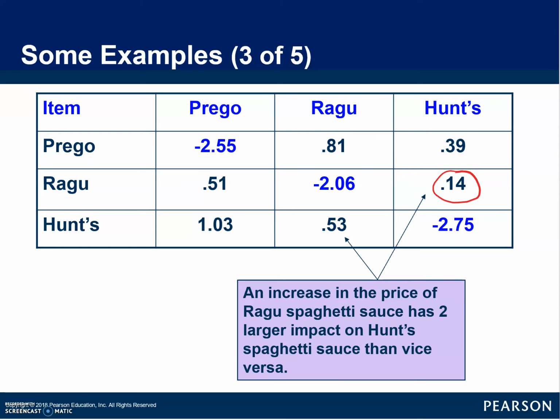If we look at Hunt's and Ragu here, they're different. Why? Because we're comparing two different types of products. An example would be, let's say we have apples and bananas, and people that like apples would prefer apples over bananas. They would have a specific cross-price elasticity for that.